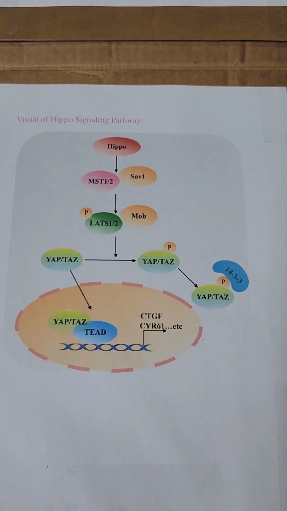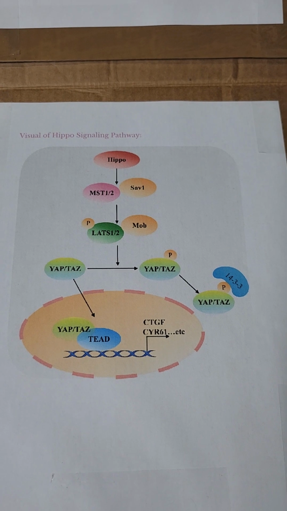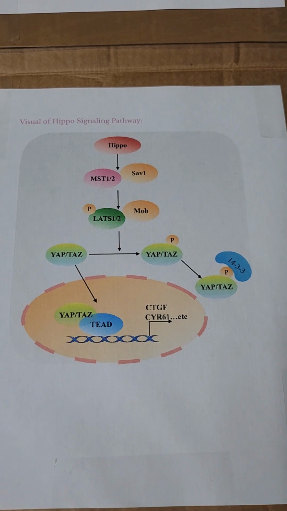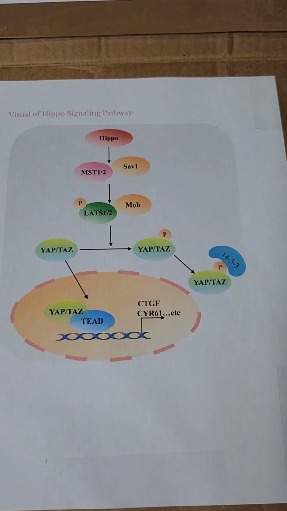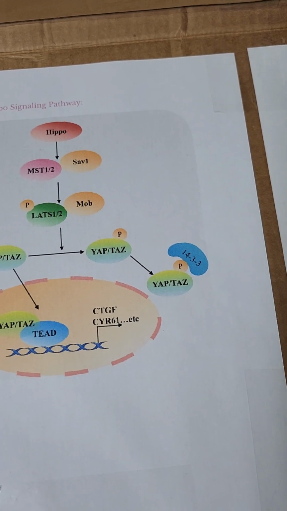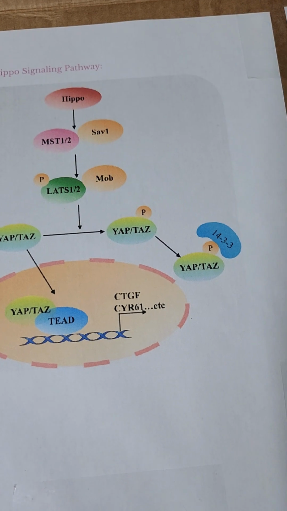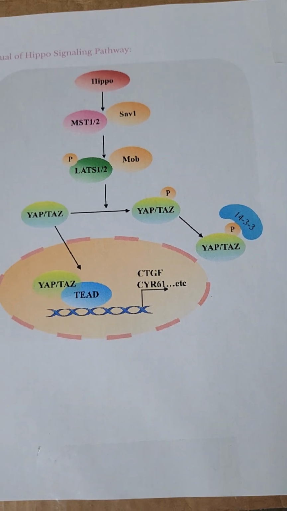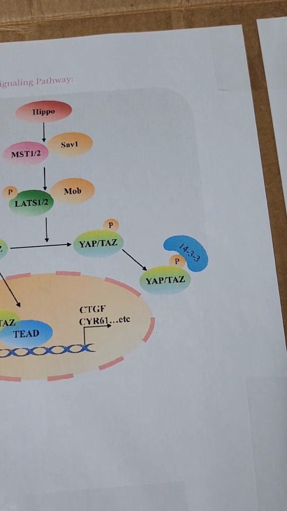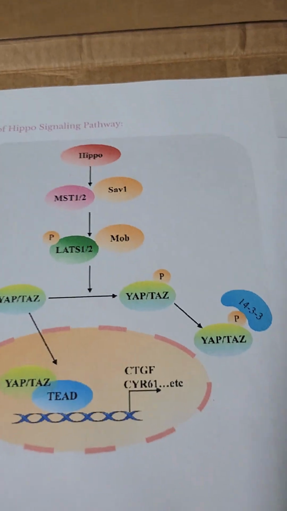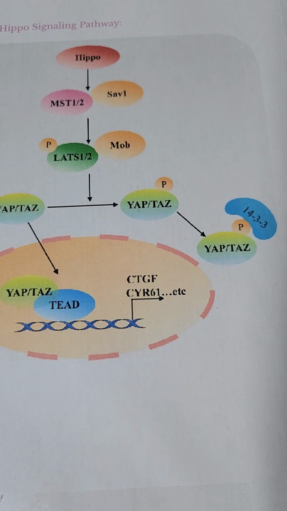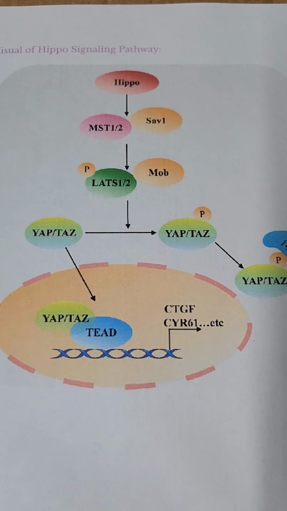You can see over here why that would happen, because LATS1 and 2, when they're active, when they have a phosphate on them, give that phosphate to YAP and TAZ, which are both transcriptional coactivators. When they have a phosphate on them, they're inactivated, they're inhibited. And that leads to proteasomal degradation, which you can see right over here, which means that they won't code for cellular growth or proliferation.